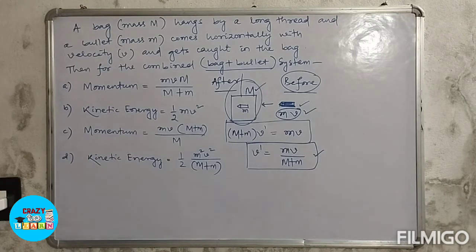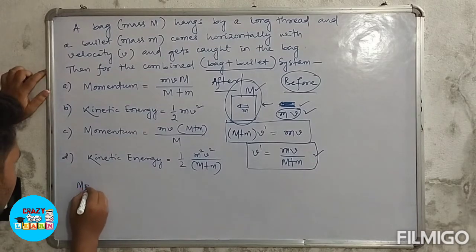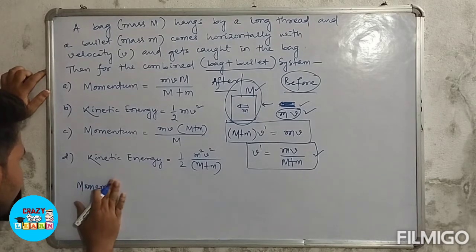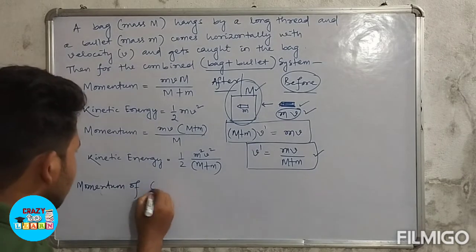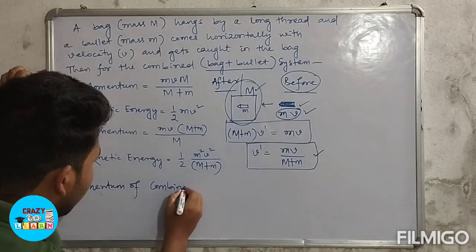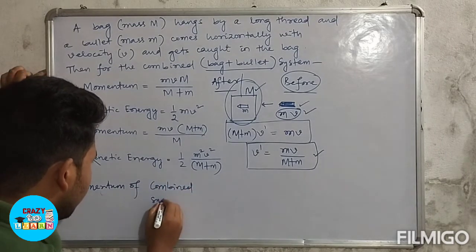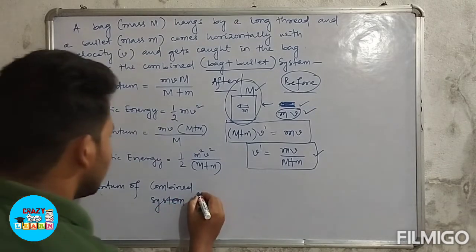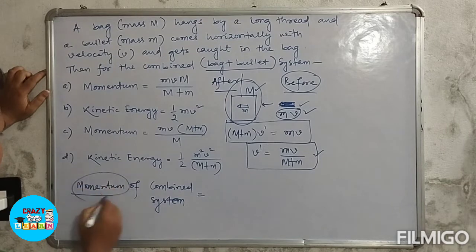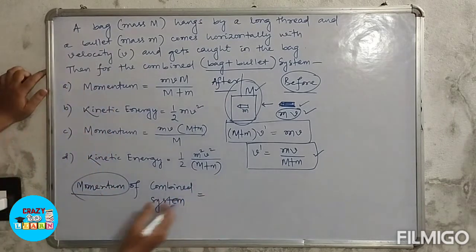So what will be the momentum of the combined system? The momentum of the combined system is the mass of the combined system into the velocity of the combined system.